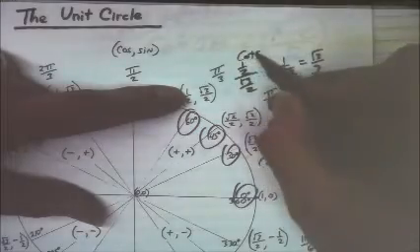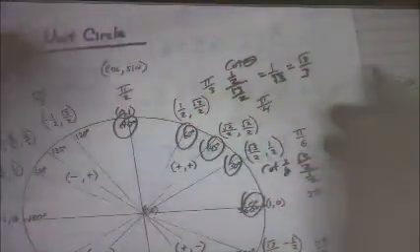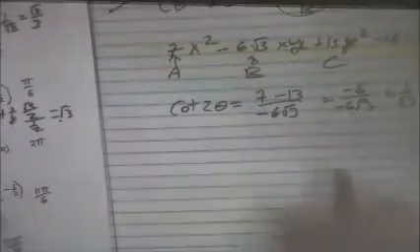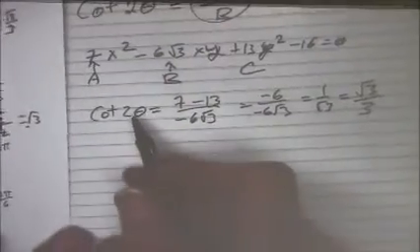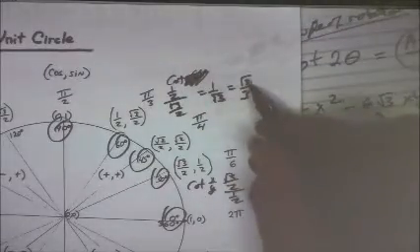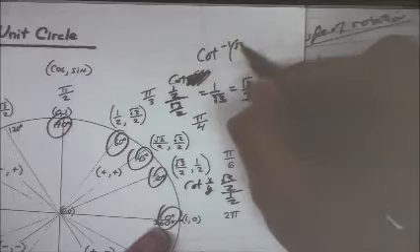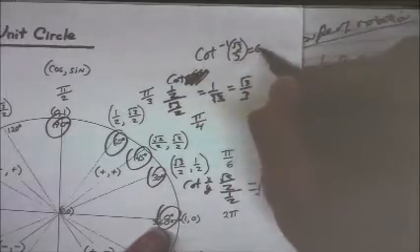So the cotangent of theta is square root of 3 over 3. That's 60 degrees. So the cotangent of 2 theta is square root of 3 over 3. I can call this anything I want, but the inverse cotangent of square root of 3 over 3 is 60 degrees.